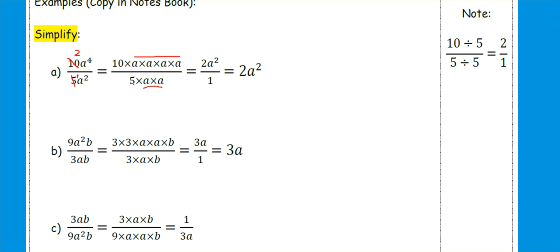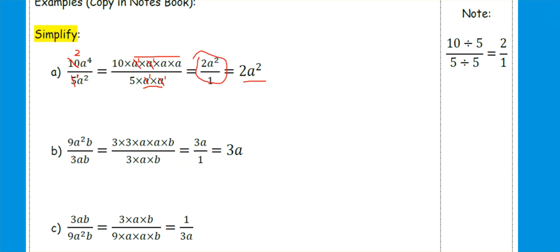And how many 5s are in 10? 2, or 10 over 5 is 2 over 1. A's cancel. So we end up with 2a squared over 1, which is 2a squared.